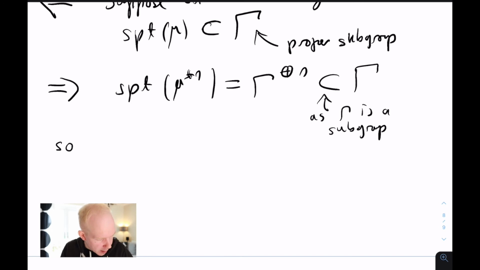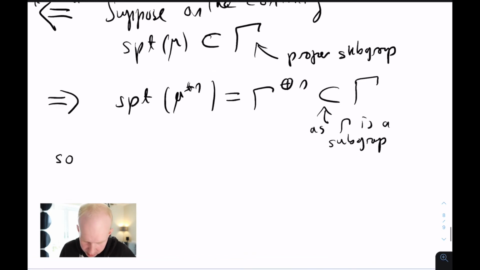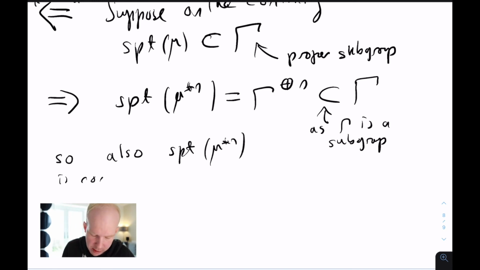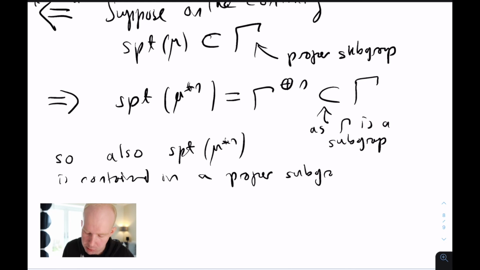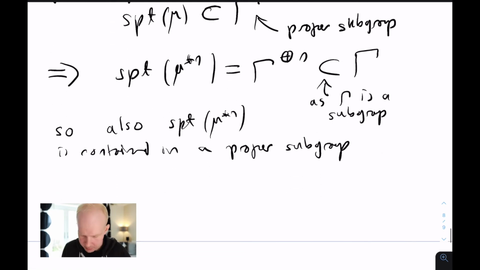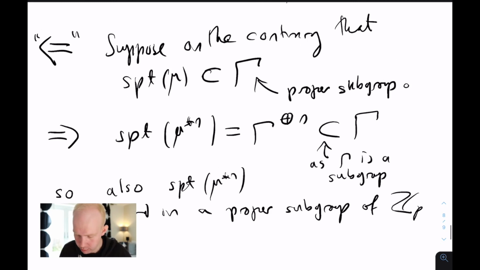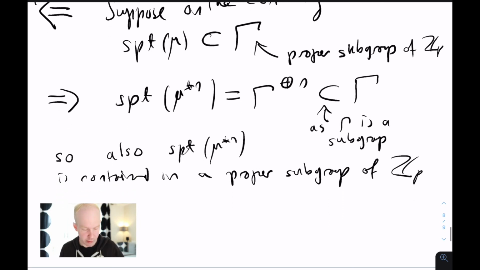So basically we have that also the support of mu star n is contained in a proper subgroup of ZP, because we assume that this is a proper subgroup gamma, so it's also contained in a proper subgroup.